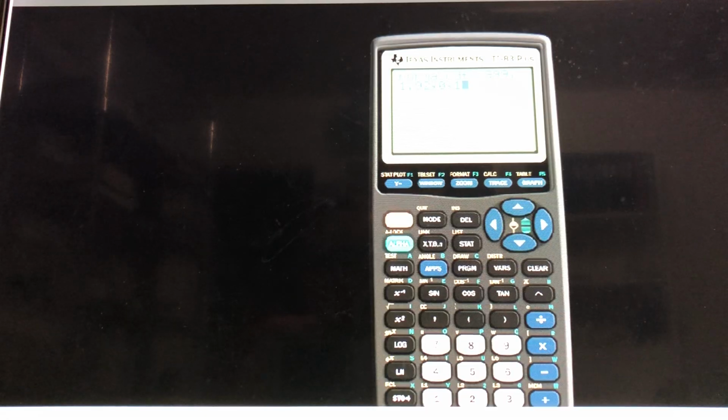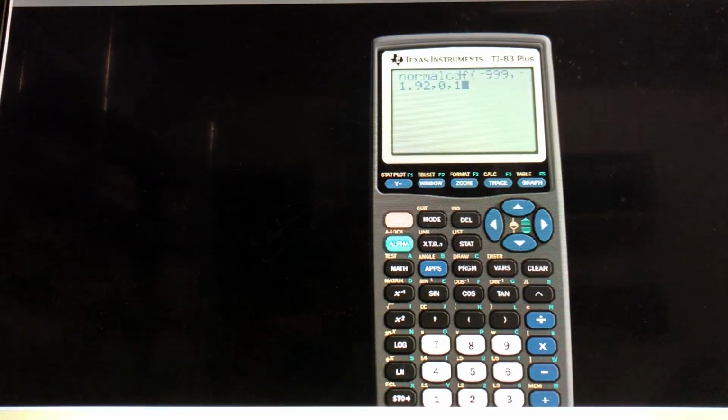If you are what I call a paster, what happens when you go to normal CDF and press enter is it takes you to a separate screen. And it has normal CDF at the top. And then it says lower bound or lower. And that means the smaller number. So you would type negative 999 in that slot.